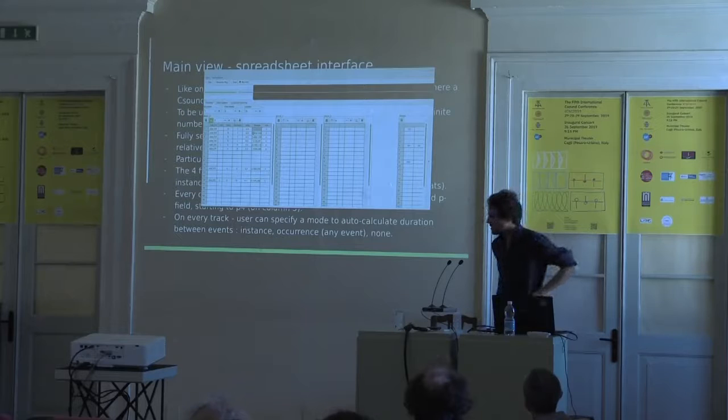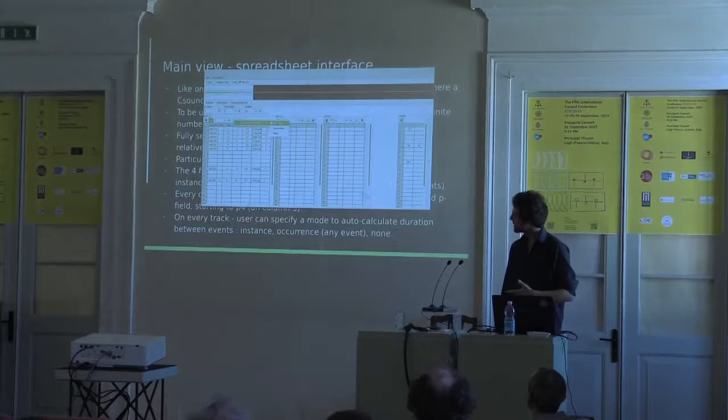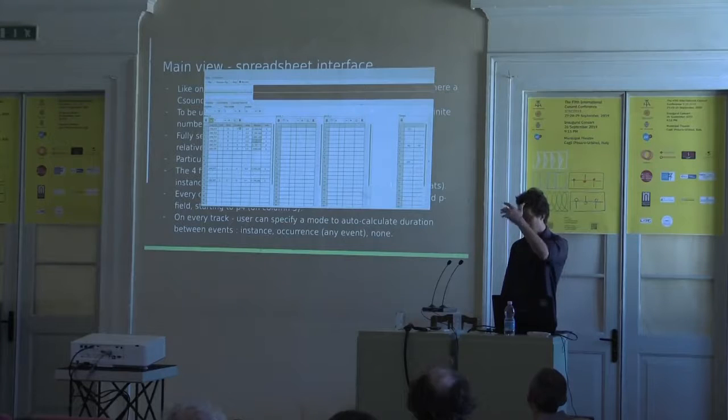But what I thought, maybe it could be great to be able to make it quite different. So I implemented two calculation methods that are based also on C-Sound score. The first one is instance, which means that every event will look for the next event of the same instance, same instrument.